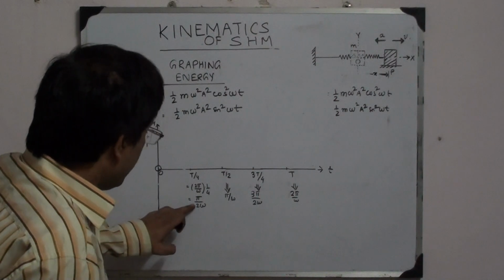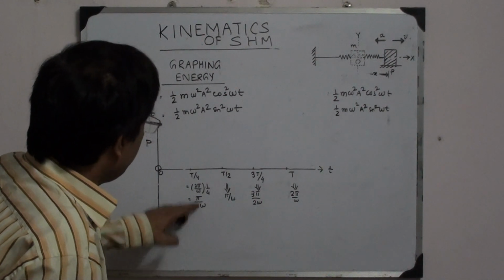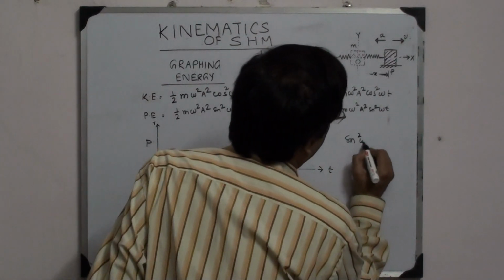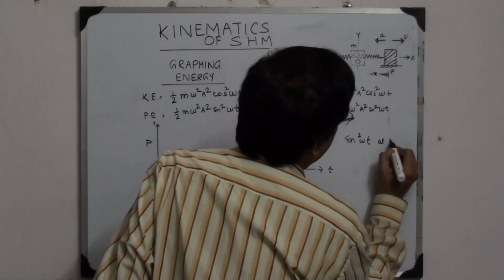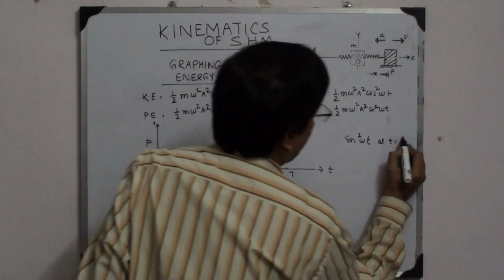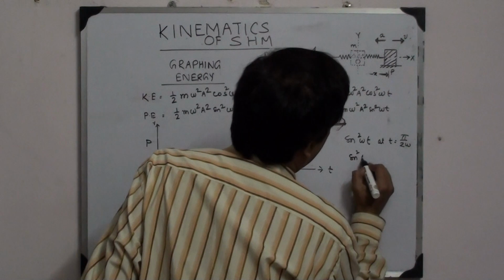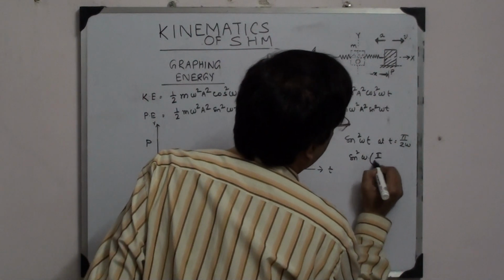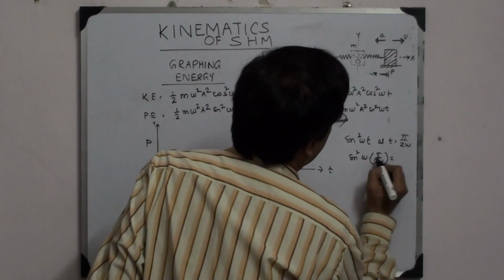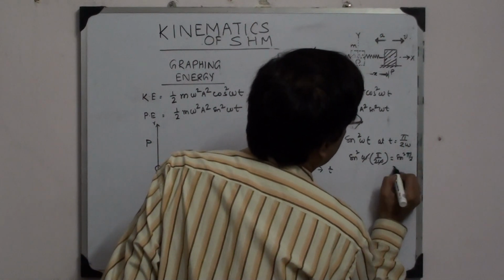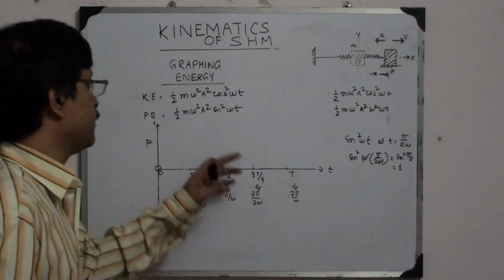So if you put here pi by 2 omega, you get how much? Sin square omega t at t is equal to pi by 2 omega is sin square omega into pi by 2 omega, which is equal to sin square pi by 2, this is equal to 1. So it is the maximum value.